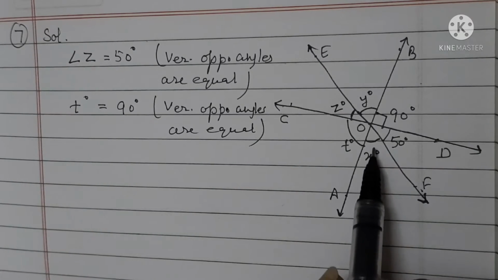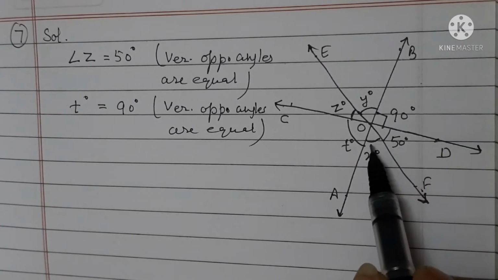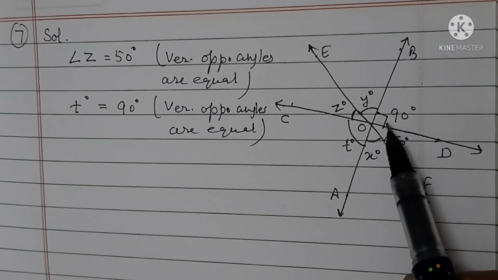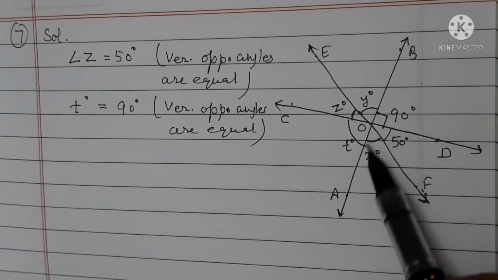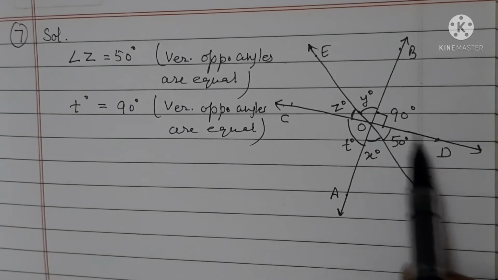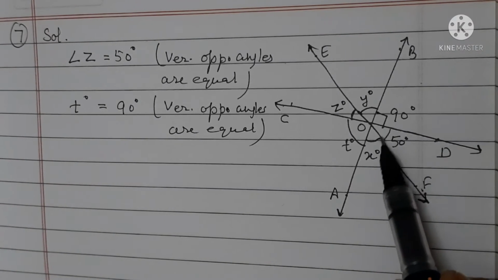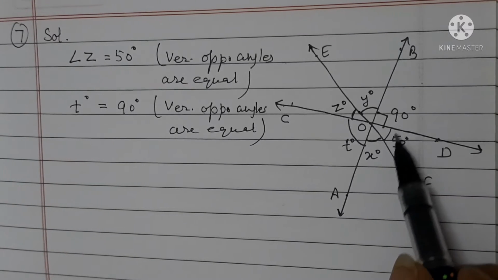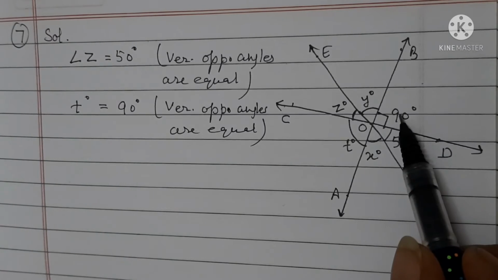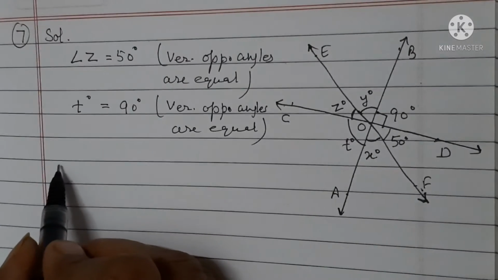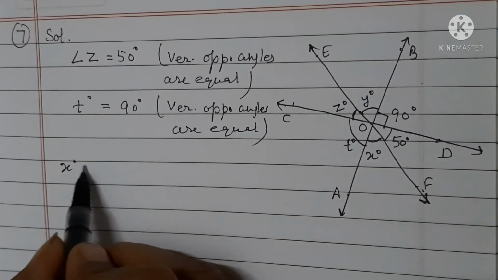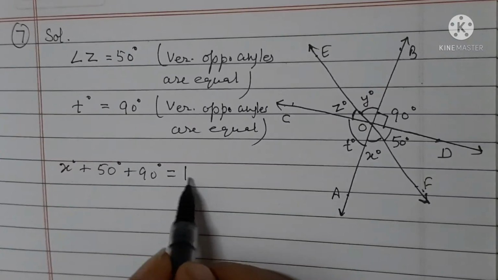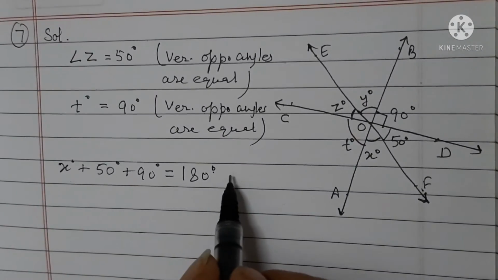Come to the next angle, X or Y, anyone. CAB is a straight line and all the angles on the same side of this line formed by these rays, so the sum of all the angles will be 180 degrees. It means X degrees plus 50 degrees plus 90 degrees is equal to 180 degrees.